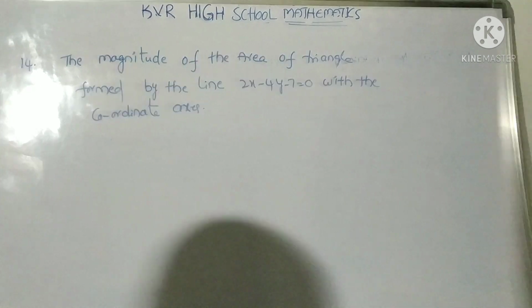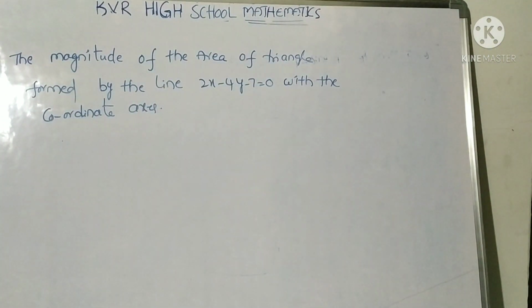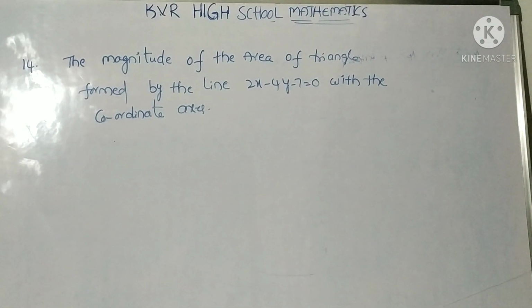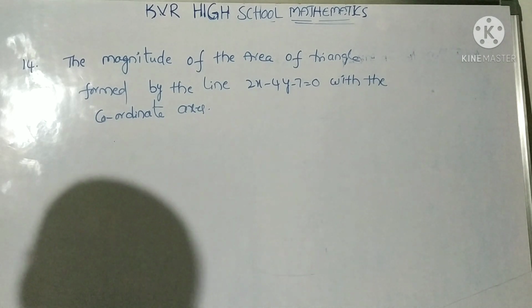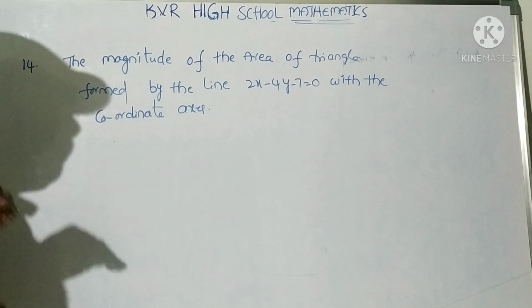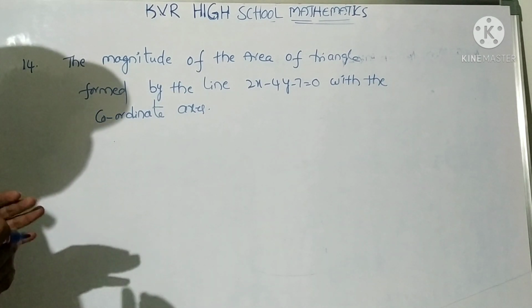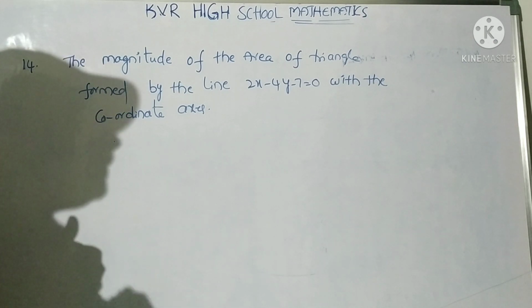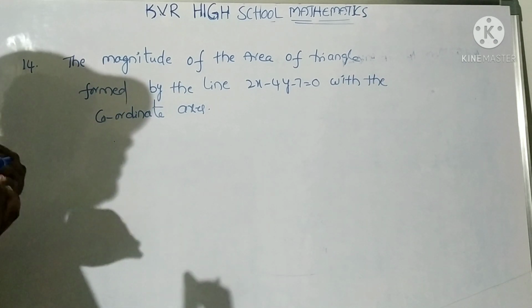The magnitude of the area of the triangle formed by the line 2x minus 4y minus 7 equals 0 with the coordinate axes. The area of the triangle formed by ax plus by plus c equals 0 with the coordinate axes is c square by 2 mod ab.